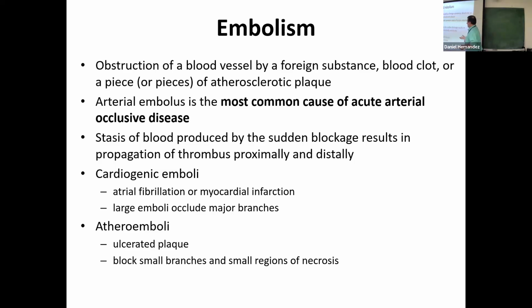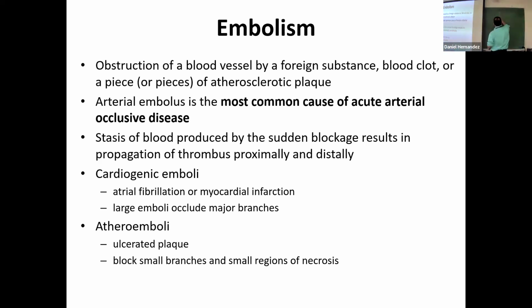So when there's embolism, there's a stasis of blood produced by a sudden blockage that results in propagation of that thrombus both proximally and distally. What that means is, I have my artery, and then a clot is coming down that artery and gets stuck in here. When it gets lodged in there, it's going to stop the blood flow.